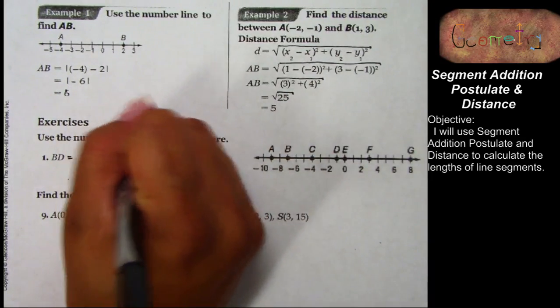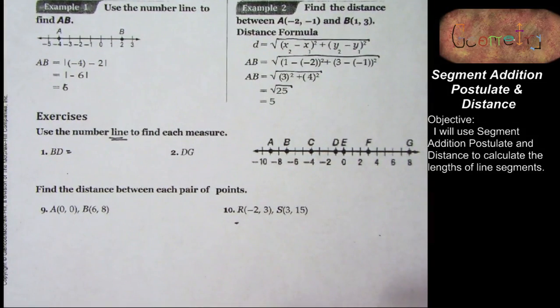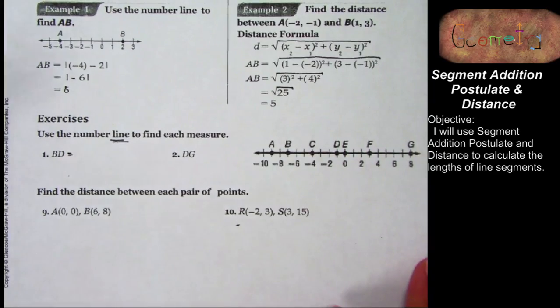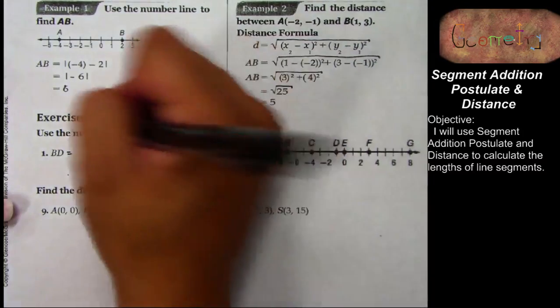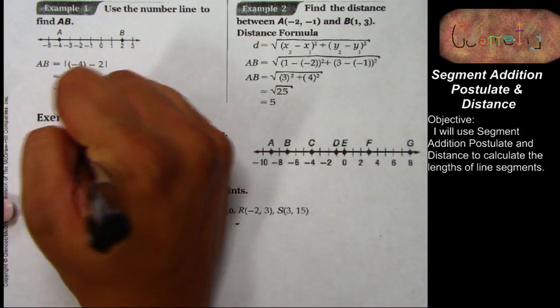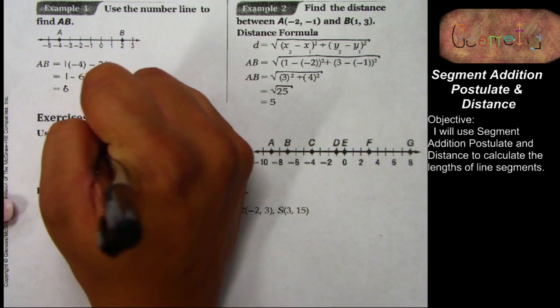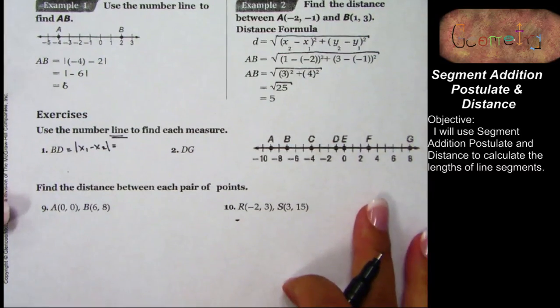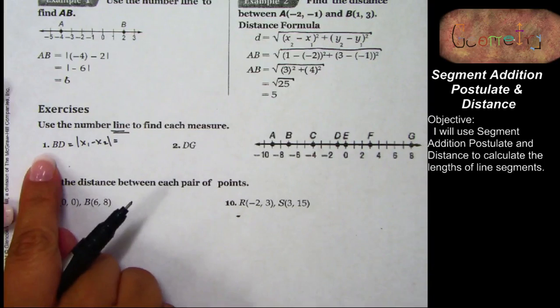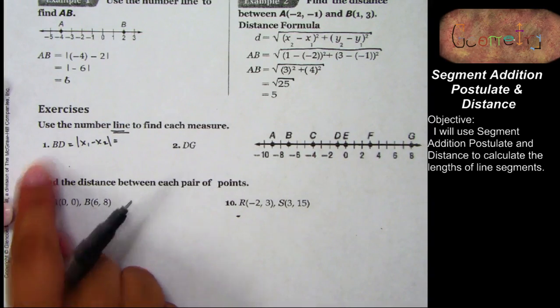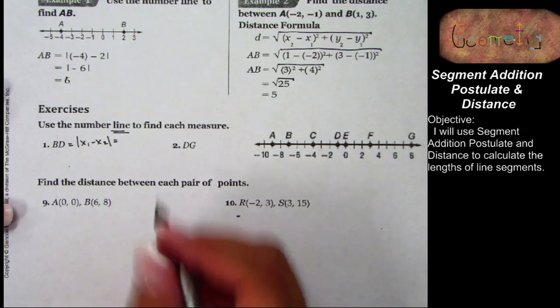All right, looking at the directions, are we in 1 dimension or in 2? Well, we're on the line, so we have to be in 1 dimension. So we're going to use the formula for distance on a number line, which is x1 minus x2 in absolute value. Now, we have 2 points, B and D. We get to assign which one is which.